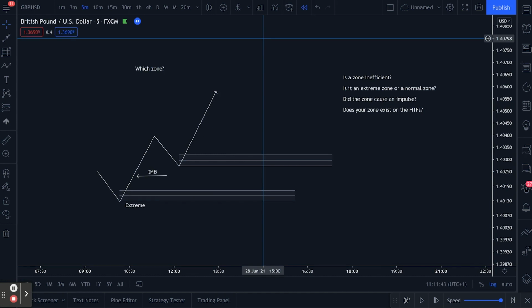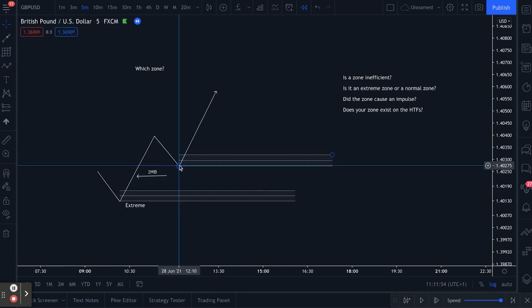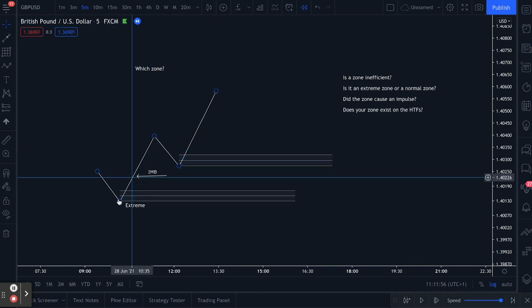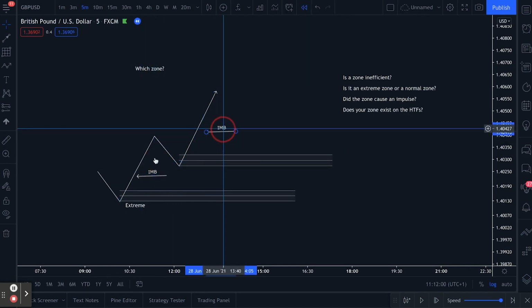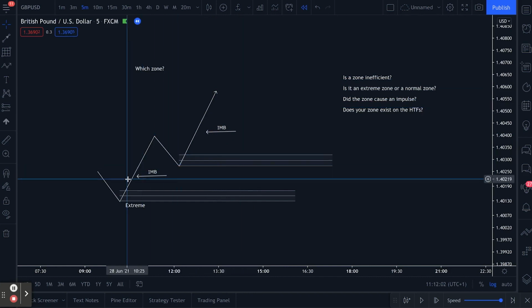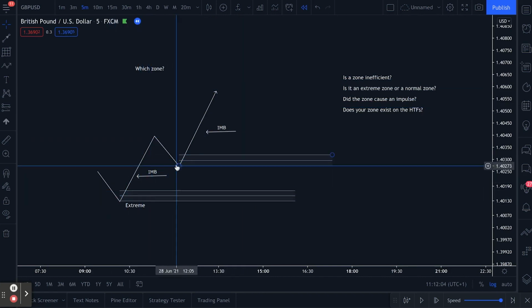So in this video, we're going to be talking through 4 primary points. Now, the first is, is a zone efficient? Inefficiency or efficiency in the market generally refers to, has a zone been retested? So in a price move like this, we generally are going to have an imbalance left open here, which is inefficient pricing, and an imbalance left open here. Basically, large impulsive moves that haven't been retested.